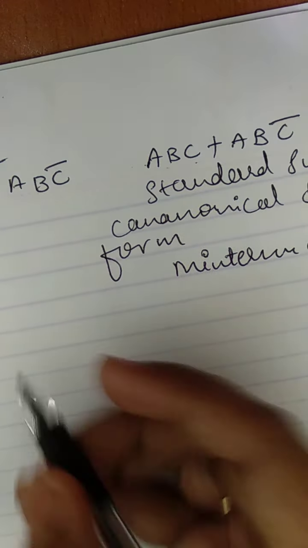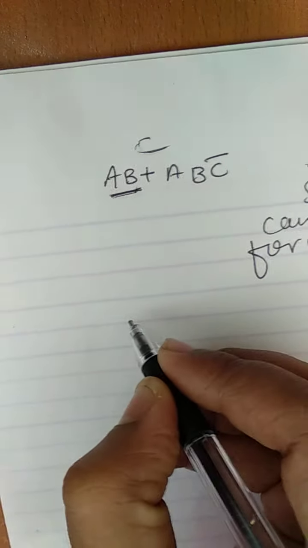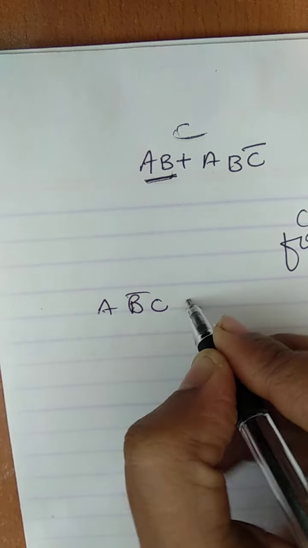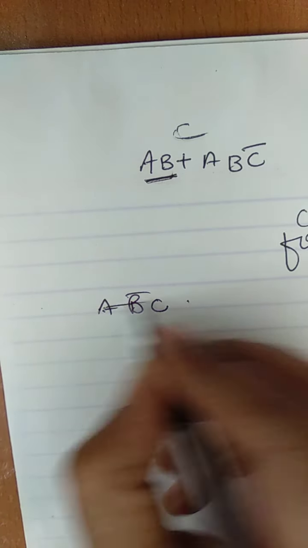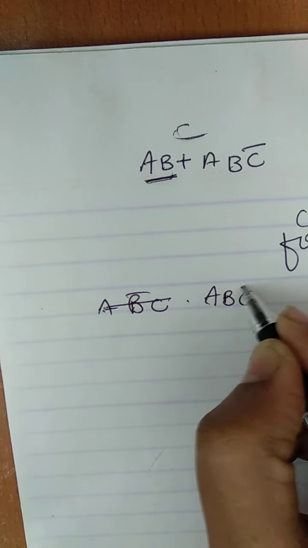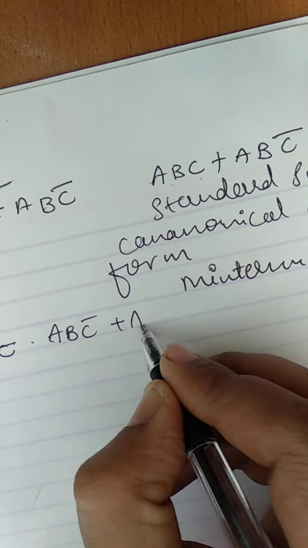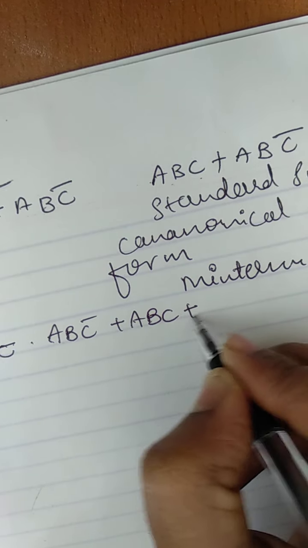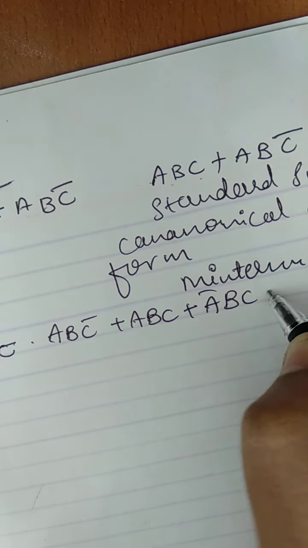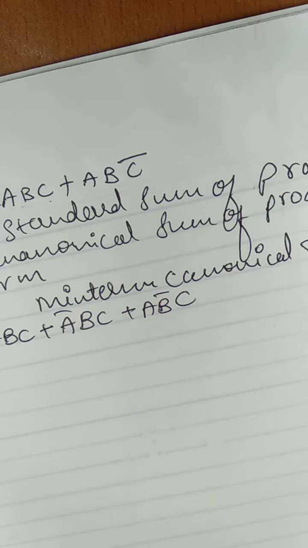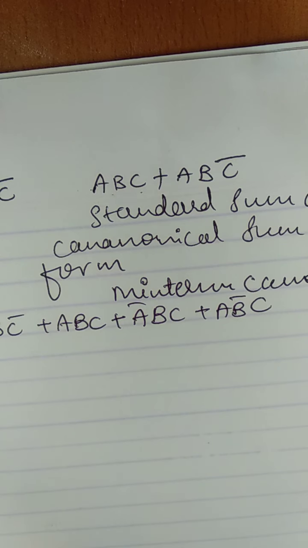For example, you can tell min-term canonical form: AB bar C, ABC bar plus ABC plus A bar BC plus AB bar C. So this expression consists of all the literals.